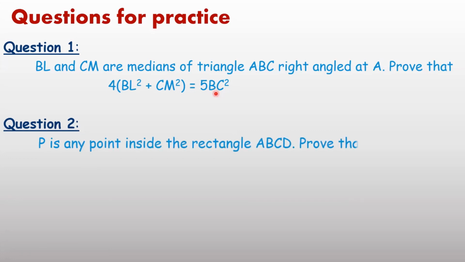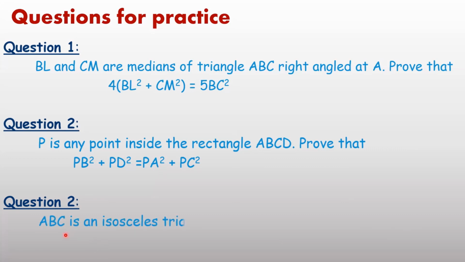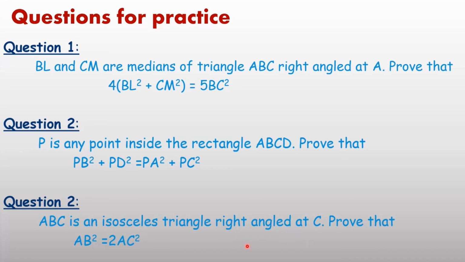In the second question, P is any point inside the rectangle. Then you have to prove PB square plus PD square equals PA square plus PC square. And question number 3: triangle ABC is an isosceles triangle, right angle at C. Then you have to prove AB square equals 2 AC square.